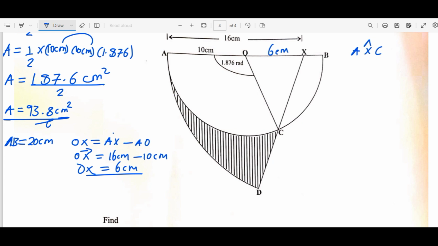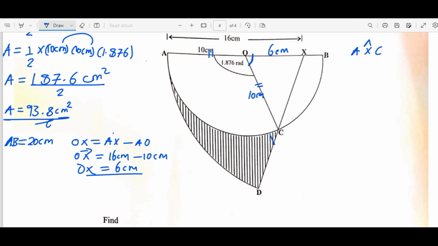What of O to C? This is a radius, so is this. We know that two radii, or three radii, or more radii have the same value. So this one has the distance of 10 centimeters. So if you have these two distances plus the angle, we can find the distance XC.